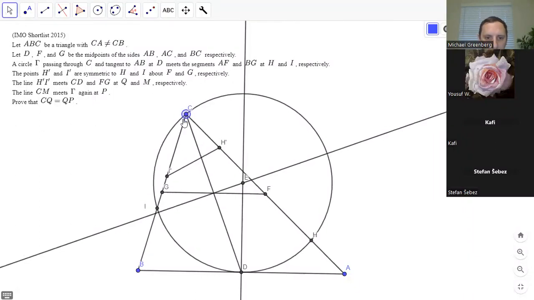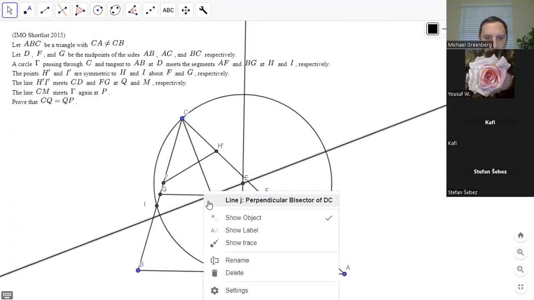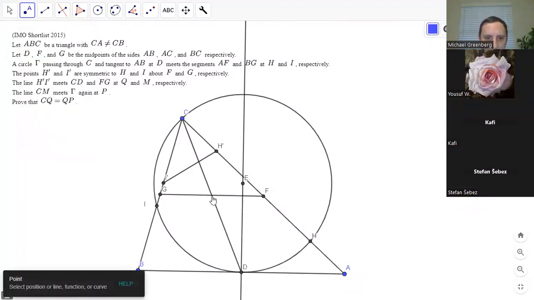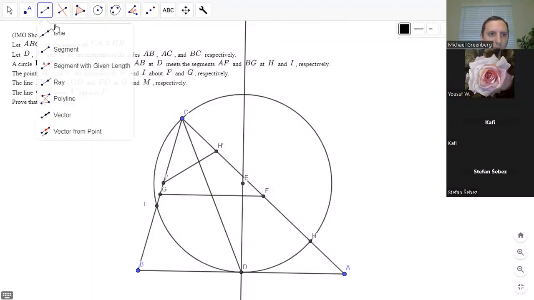That's kind of interesting. So Q and M, where H prime I prime meets CD and FG.